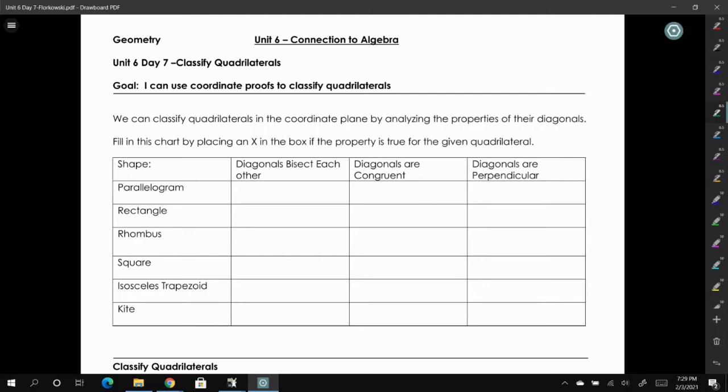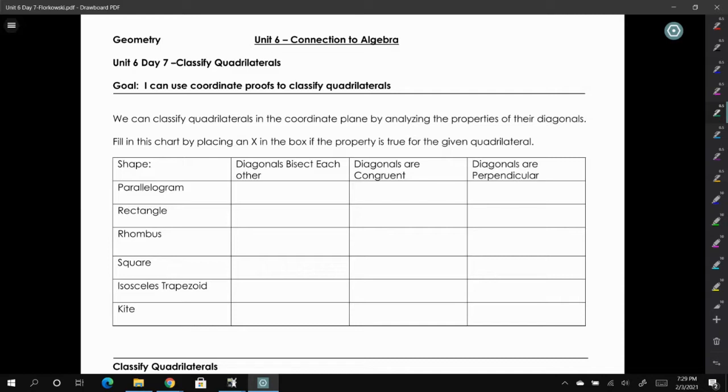What we're going to do today is combine the use of the distance, midpoint, and slope formula with what we learned in Unit 5, all those parallelograms, and we're going to be able to determine what shape we are given in a coordinate plane based off of those characteristics.